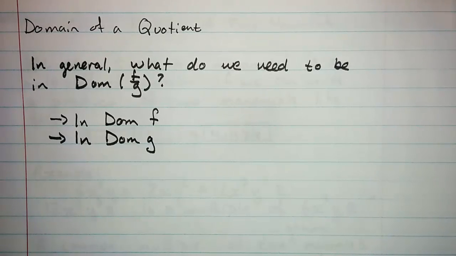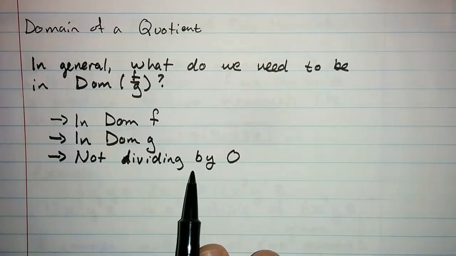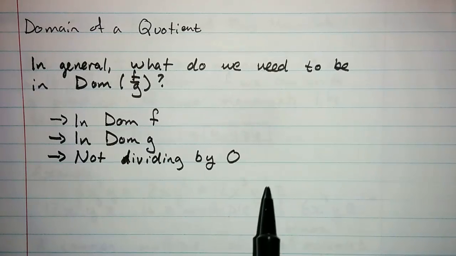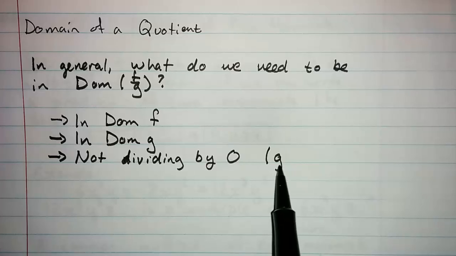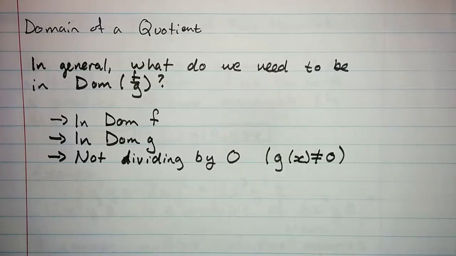After we figure out the value of f and figure out the value of g, what are we going to do? Division. What goes wrong with division? We aren't allowed to divide by 0. So we need to have g of x not be 0.